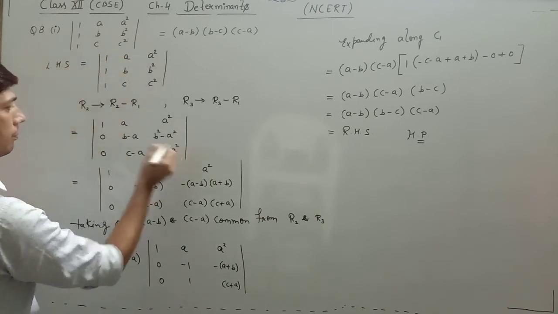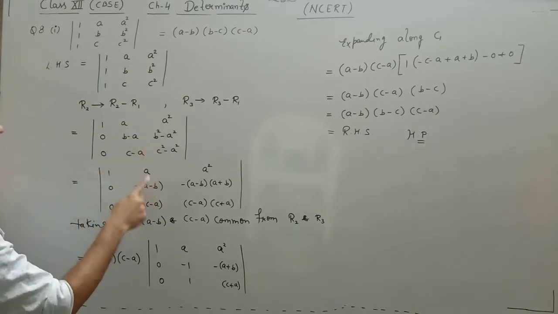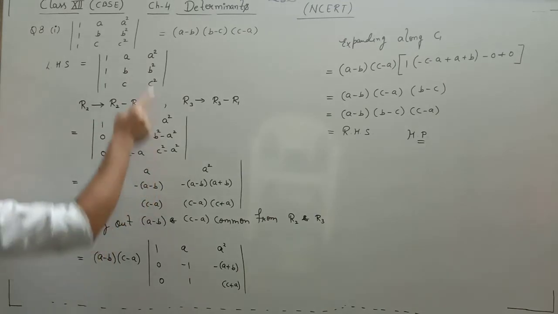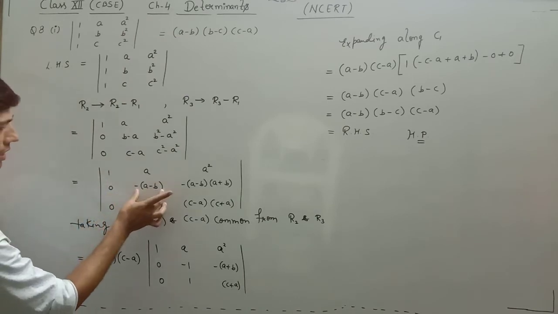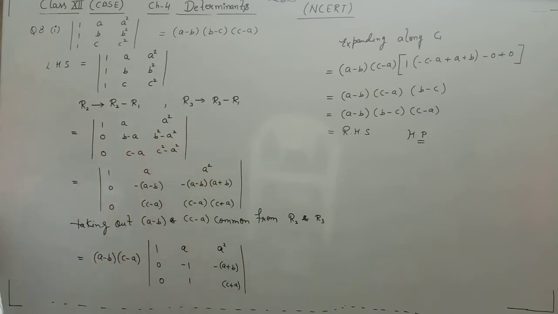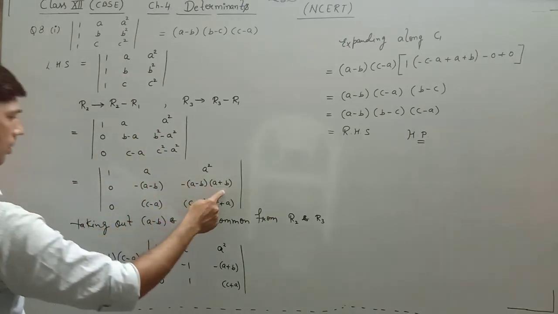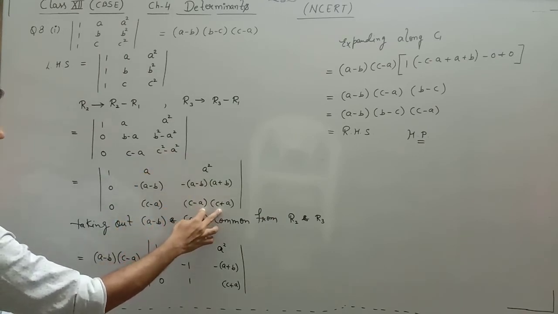Okay, now see here, b minus a, can we take negative as a common because our factor is a minus b, so taking out negative as a common only in this element. And similarly here negative, also the factor is a square minus b square, which is a minus b into a plus b. Okay, c minus a as it is, there again use the property, c minus a into c plus a.